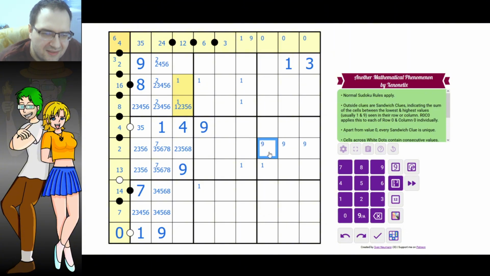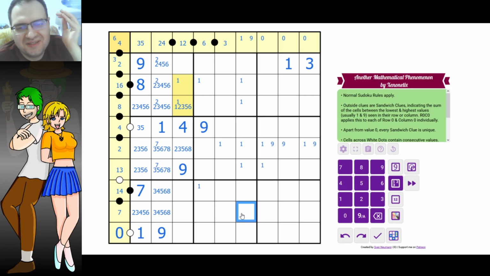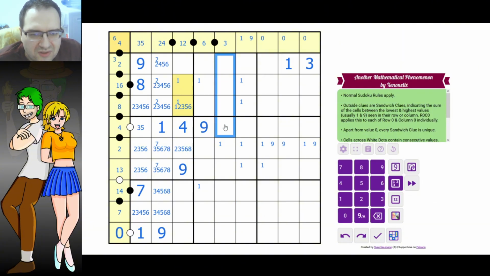If this is the 9, this will be the 1. If this is the 9, this will be... but this also could be a 1 if this is the 9. Yeah, these pencil marks are atrocious, but I just want to see... Ones were not possible here or there and not here. So these are also the only possible ones.